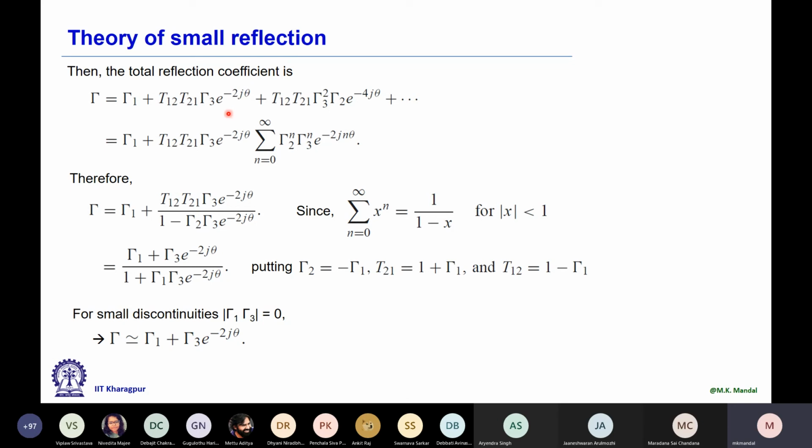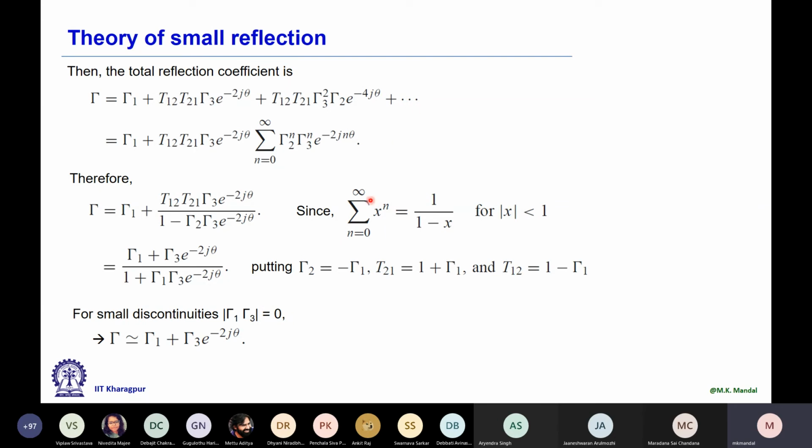Summation over n equal to 0 to infinity gamma 2 to the n, gamma 3 to the n, e to the power minus 2jn theta. Okay, so we could represent it by a series then. Now as we go forward in time, its amplitude keeps on decreasing.